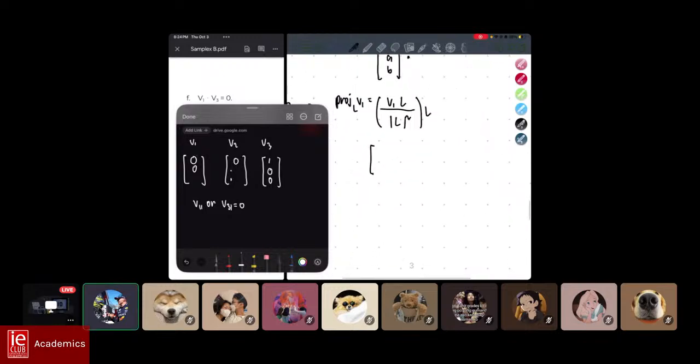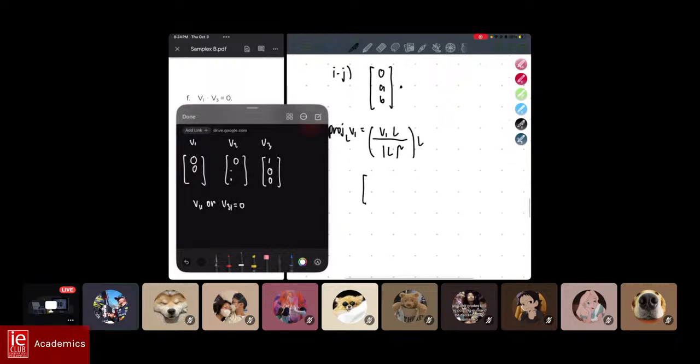Okay, so V1 dot V2. So ayan, let's just put 0, A, B. V1 pala, sorry. V1, 0, 0, 0, 0, unknown, let's just put C since we used A and B na. 0, A, B dot product niyan.